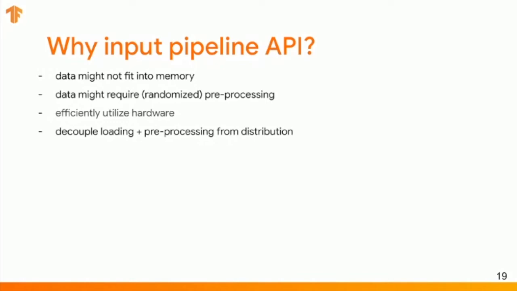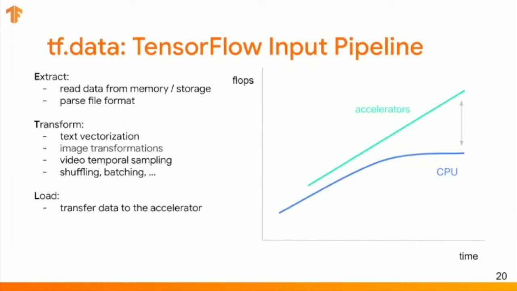So you can make sure that the data you're serving is going to be processed the same way as you did when training and preparing the model. Okay, so for that we use TensorFlow.data, the TensorFlow input pipeline. Basically we do an ETL process for pre-processing the data that we're going to use.